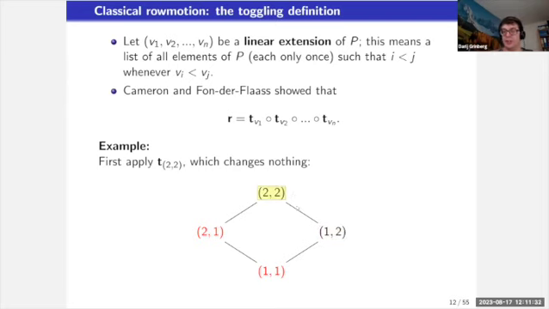Then toggle 2,1. Now 2,1 cannot be added, but it can be removed because it's in the order ideal and it doesn't break the axiom. And finally 1,1. This is another case where you cannot toggle it, because if you remove 1,1, then 1,2 is ungrounded. So it would break the axiom. So this is the result. You got the same result as you would have gotten with the original definition, but now you did it by a sequence of 4 easy steps.